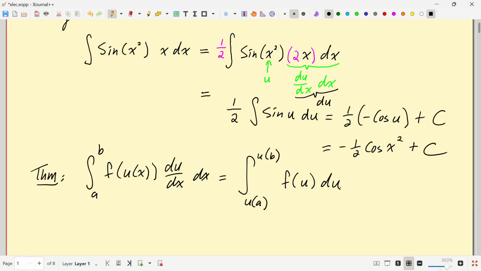This is the definite version of it. In freshman calculus, when we wanted to make you believe that fact, we said it's just you doing the chain rule backwards.